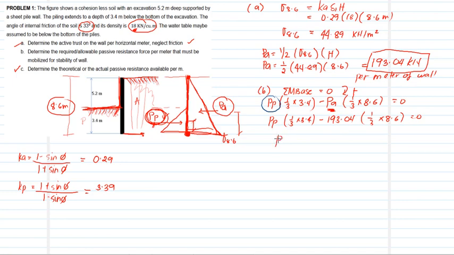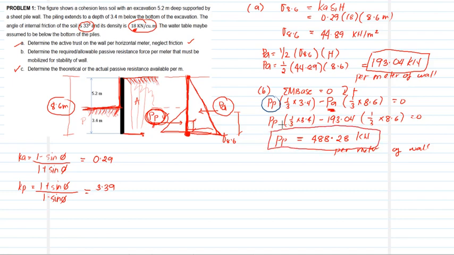So, ang value natin ngayon for our passive resistance is equal to 488.28 kilonewton, that is in per meter of our wall. Okay? So, ito na yung magiging sagot natin for letter B.